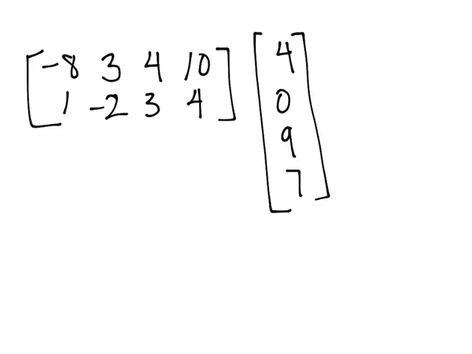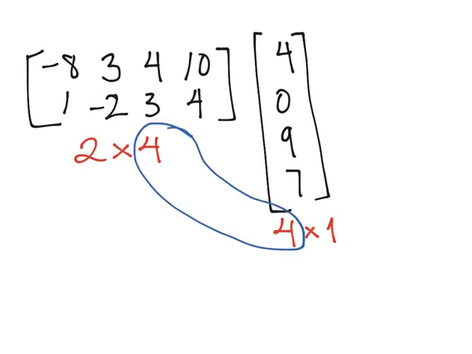Our first matrix has 2 rows and 4 columns, and our second matrix has 4 rows and 1 column. Here we see that these two numbers are in fact equal, so we can multiply both of them, and we know that the resulting matrix will be a 2 by 1 matrix.